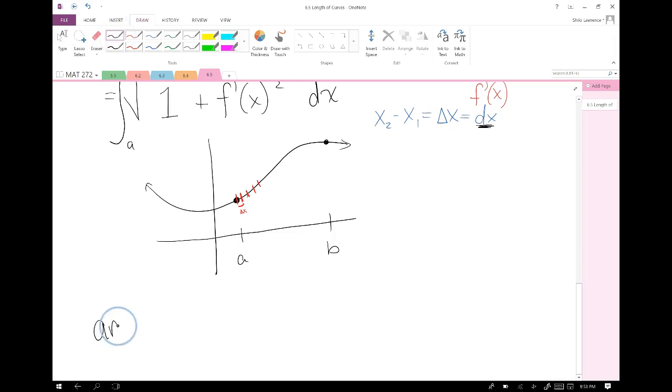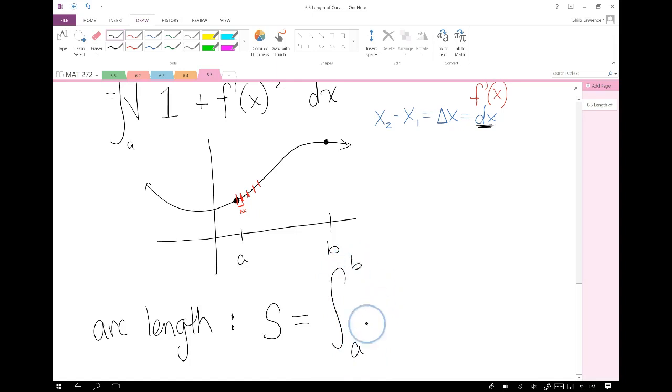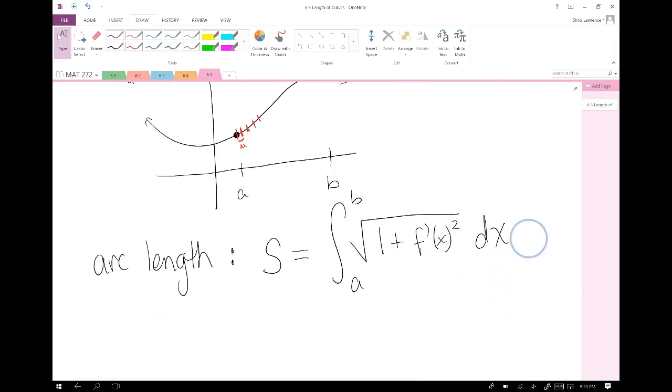Arc length, we use the letter s to represent arc length, is the integral from a to b of the square root of 1 plus f prime of x squared dx. And this is for the function f of x on the interval a to b.